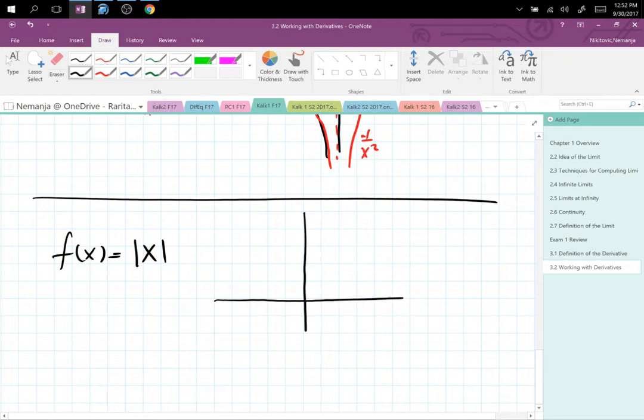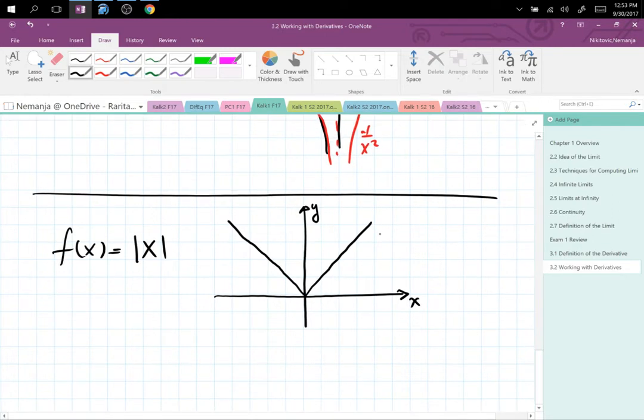You draw the V shape, right? You draw the V shape. So now, you know that you have a minimum, slope is 0 there, right? Well, let's think about it. And then what else do you have here? Slope is 1 and slope is negative 1.